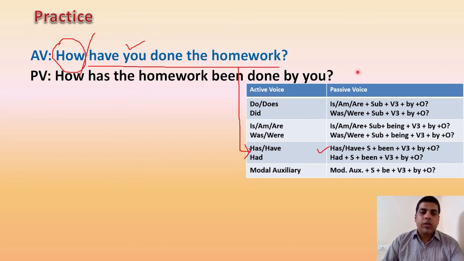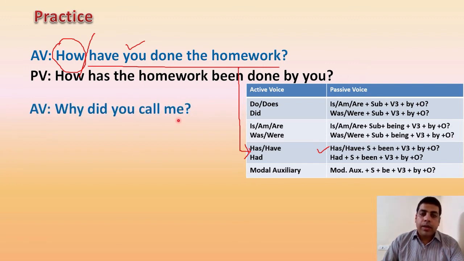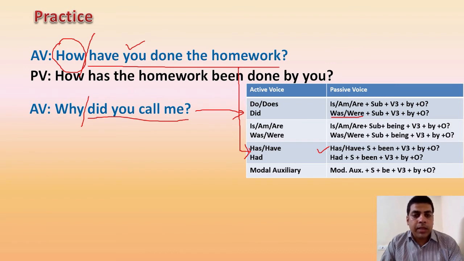Got it? Now let's look at one more example. Why did you call me? Now if I again remove this WH word, then what will happen here? I am left out with did you call me. If I see this, it is following did structure. For that I know I am supposed to start the answer with was or were plus subject plus V3 plus by plus object.